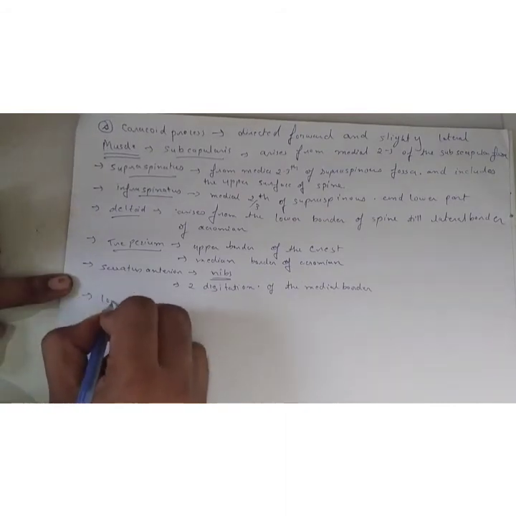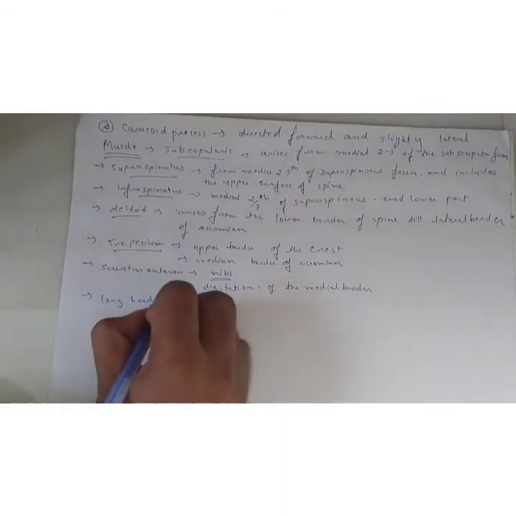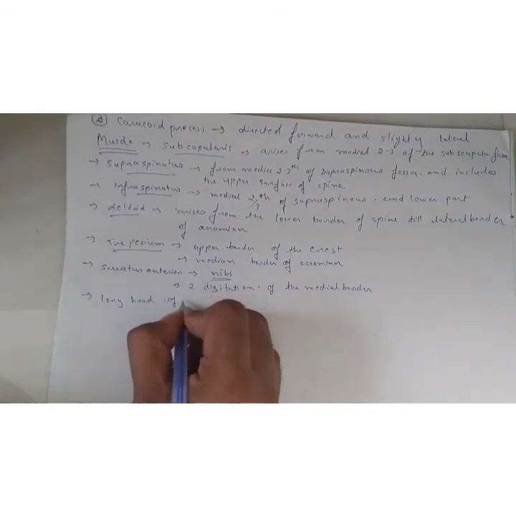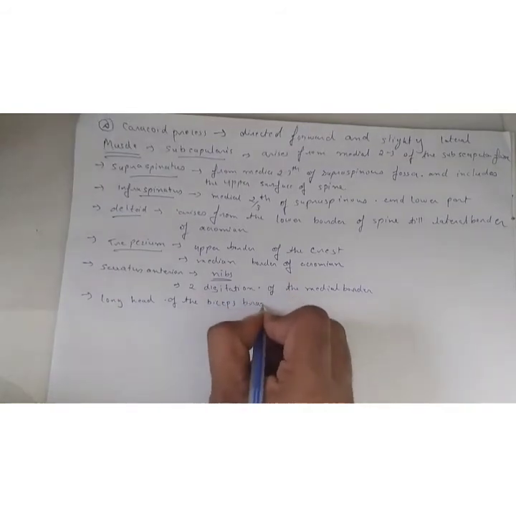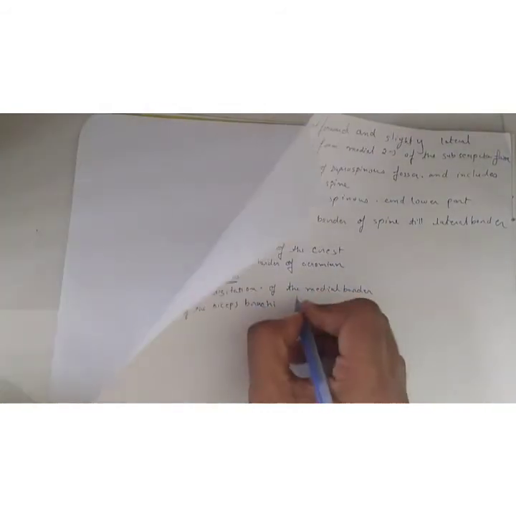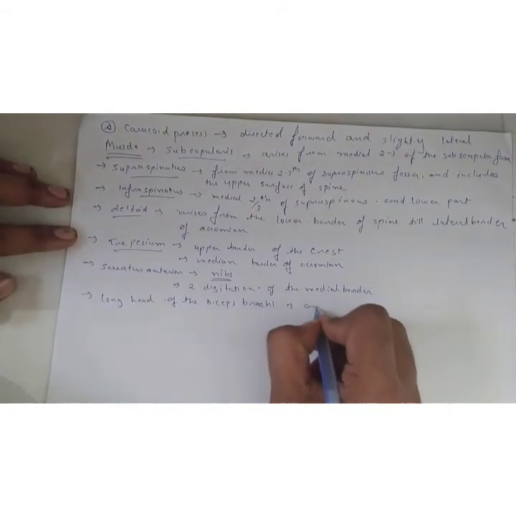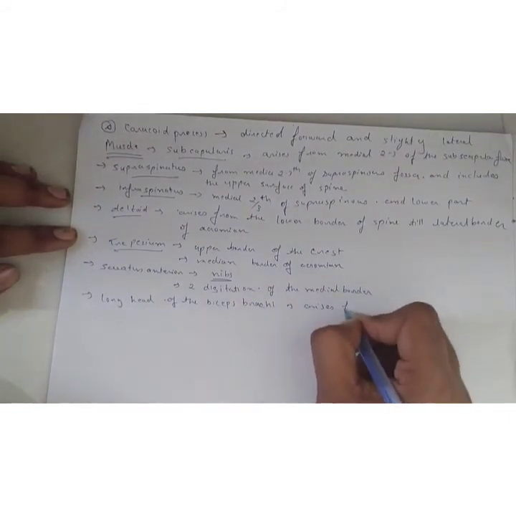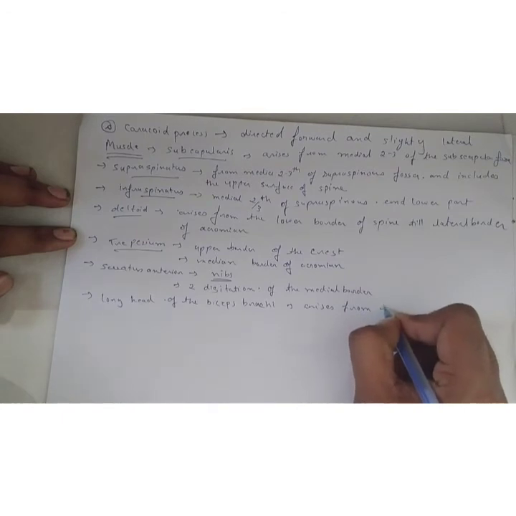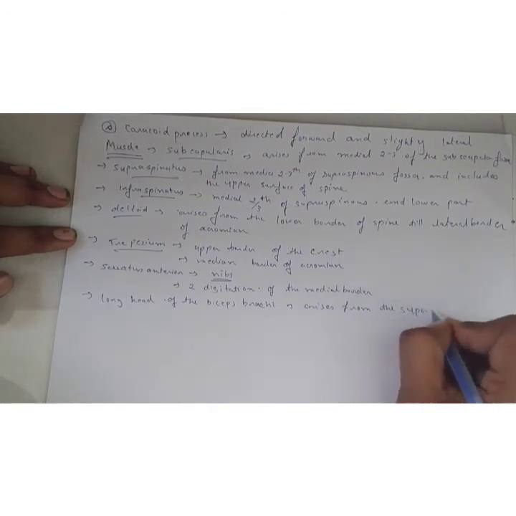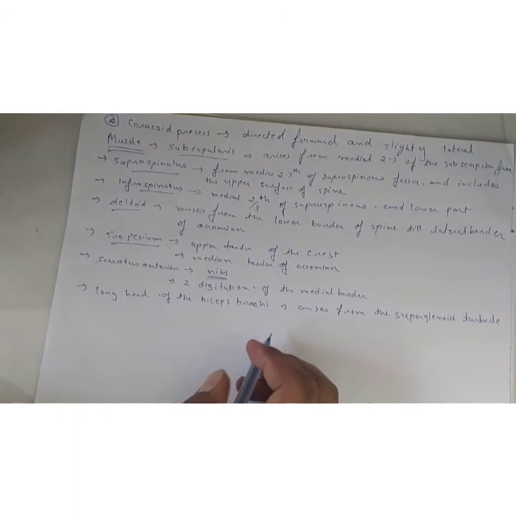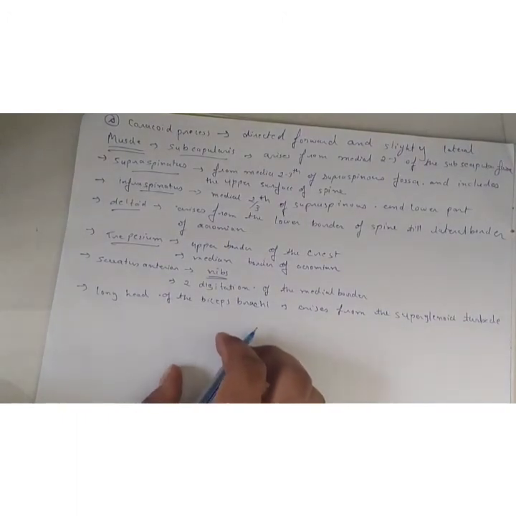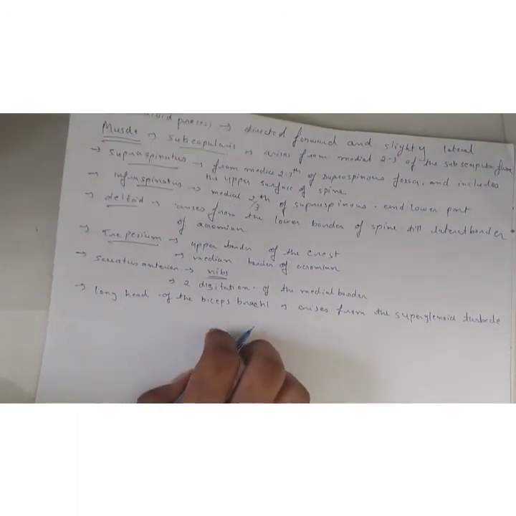Then the long head of the biceps brachii arises from the supraglenoid tubercle. The short head originates from the coracoid process.